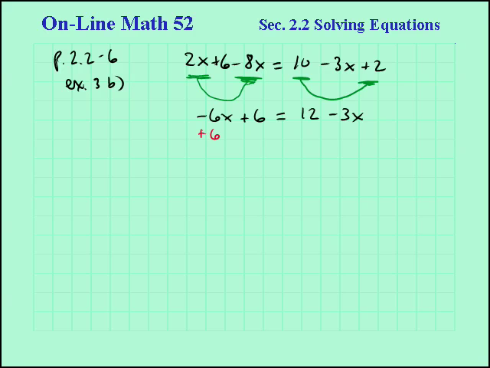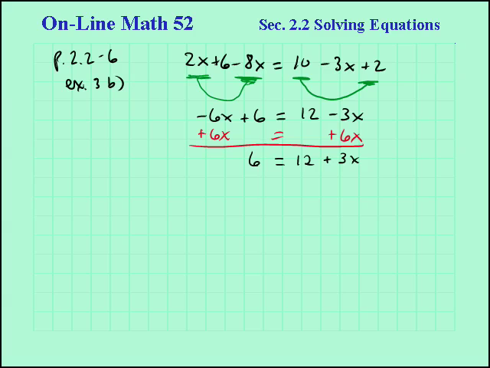So plus 6x equals plus 6x. And in doing so, we'll eliminate the 6x from the left side and get left a positive 6, or just 6. And this becomes 12 plus 3x. Negative 3x, positive 6x becomes positive 3x.